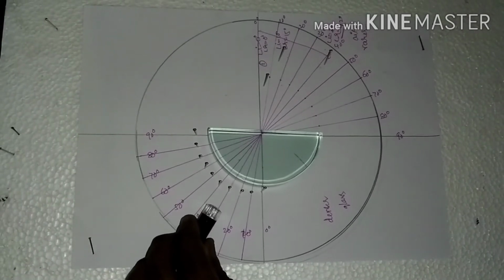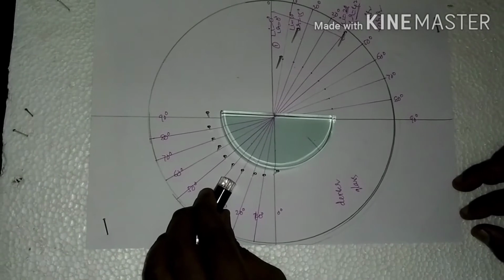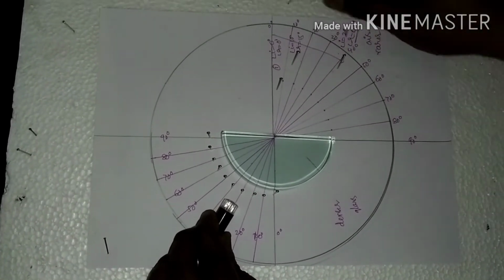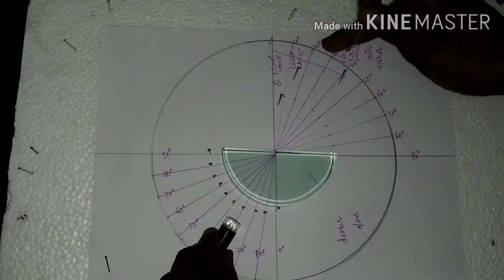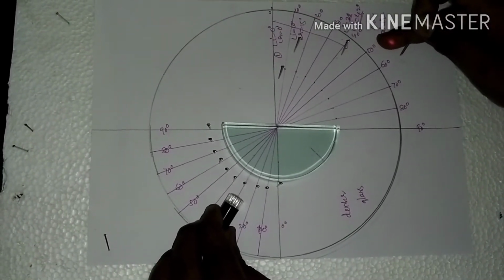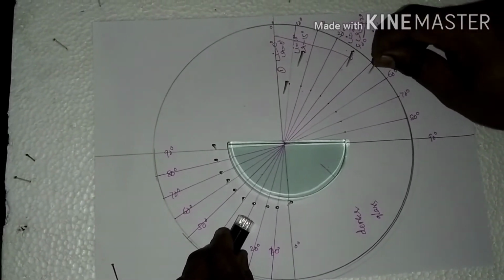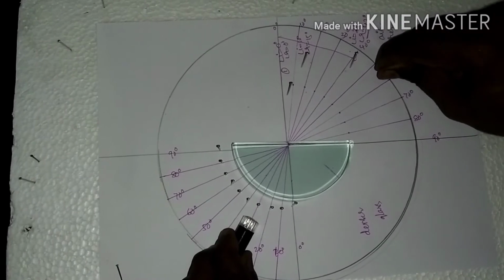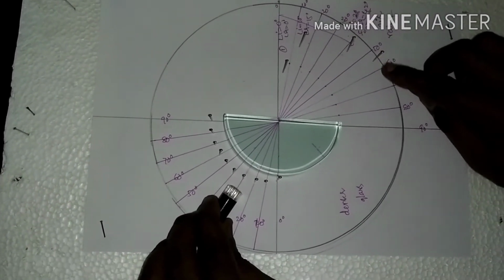Then comes angle i is 30 degrees, which means the laser light is passing at an angle of 30 degrees. Count from that. See here, we can observe the refracted ray. At this particular point, we can place the pin. See, we can observe the laser is passing through the pin.